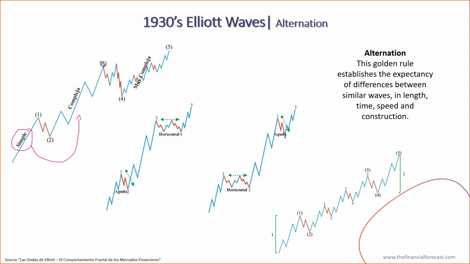And if the prior wave was complex, then the next one can be very complex or can be simple again. But we don't have too many chances to see the same kind of structure for the next wave. The same is happening with the length.